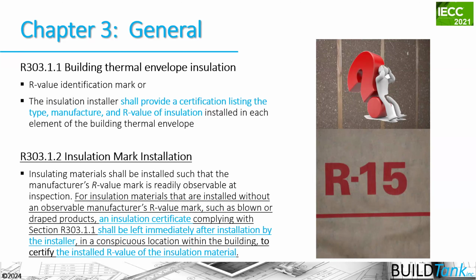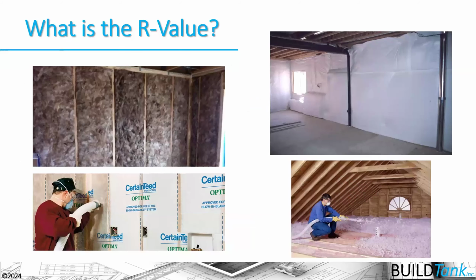The reason is that we have so many materials that we have no idea what the R value is. And the R value is so dependent on its installed density, or how the insulation has been installed in the cavity, that we as inspectors can't go in there and determine what the R value is.